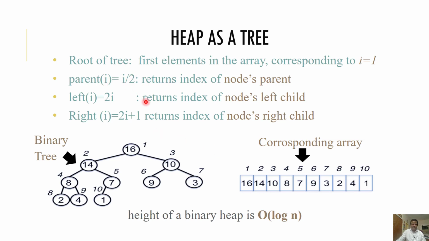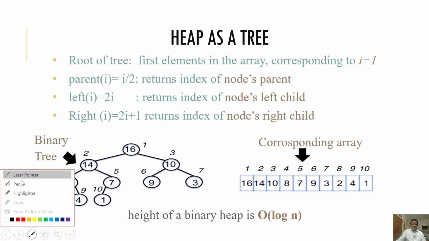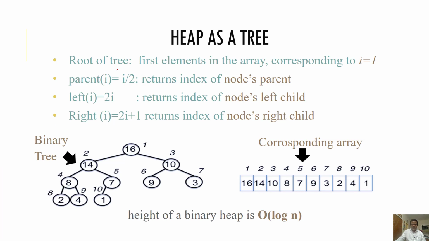This must be the floor, the integral part of it, since it may not be an integer. For example, who is the parent of a6? The parent of a6 is i by 2, where i is 6, so 3.